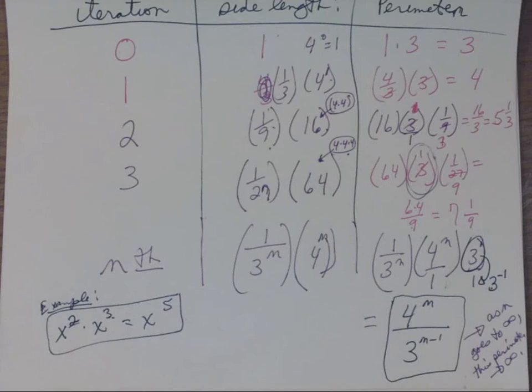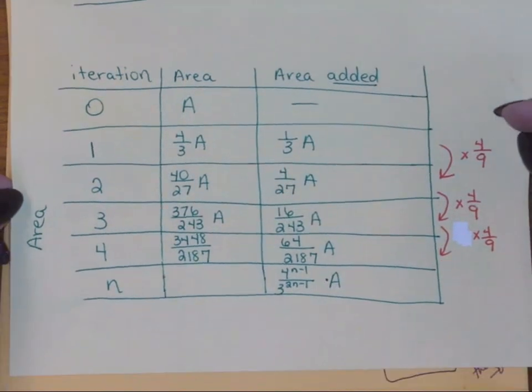The second question on the Koch snowflake said, what would be the area of the snowflake? So I'd like for you to think about that one a little bit as well. It's also a neat little limiting idea. And what you're going to see, I'll just throw it up here so I don't have to develop it for you.